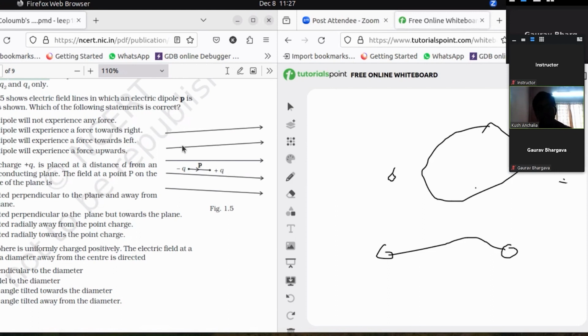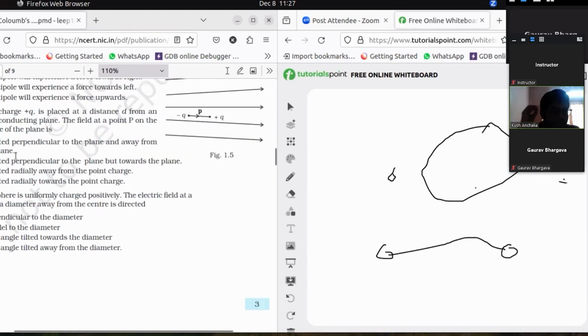First of all, it will exert a torque. That is the most important thing about a dipole. A dipole always gets a torque, not a net force. So I think the dipole won't be experiencing any force, since all are parallel, and there is no net force on the dipole.